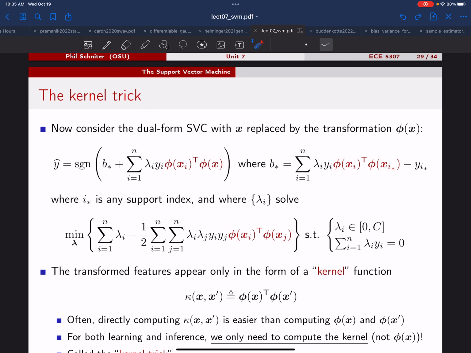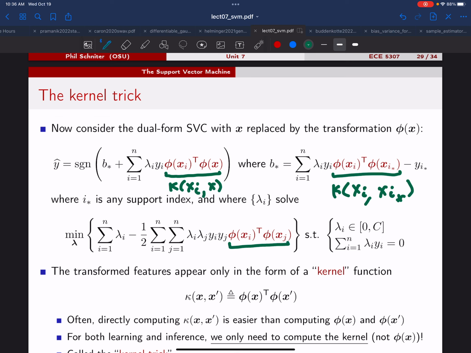But as it turns out, you don't necessarily need to compute things that way. In fact, what we want to do is think about this as a function of xi and x. Similarly, this is a function, we'll call it kappa, of xi and xi star, and so on. This is another function of xi and xj.